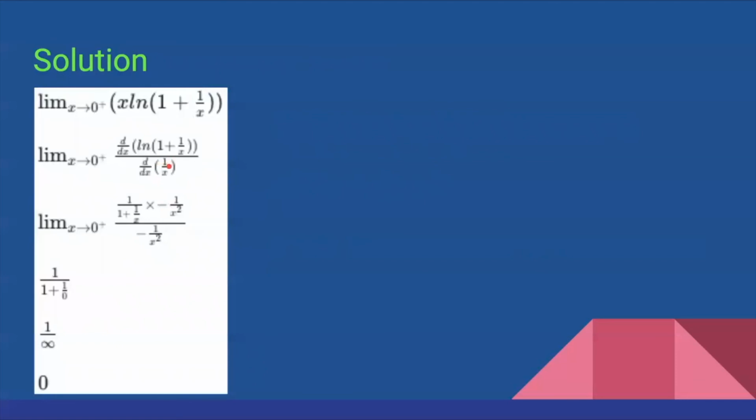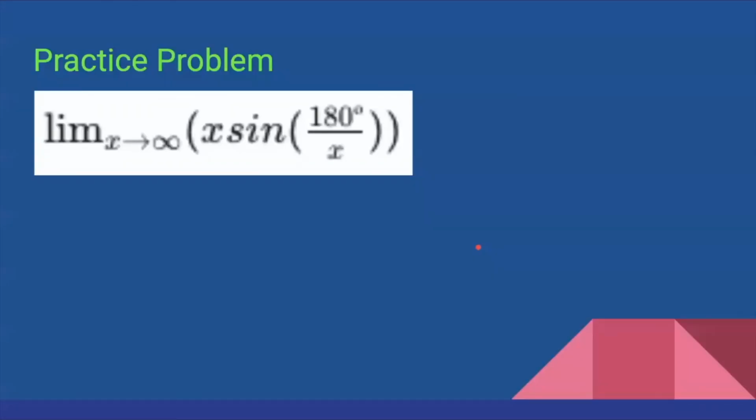And the derivative of 1 over x in the denominator is also negative 1 over x squared. So these two terms cancel each other out, and then you're left with just this. Now you can plug in 0 for x. So you'll get 1 over 0, which is infinity. So you'll get 1 over infinity, and that is equal to 0.